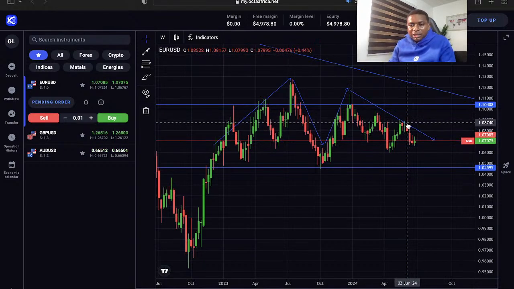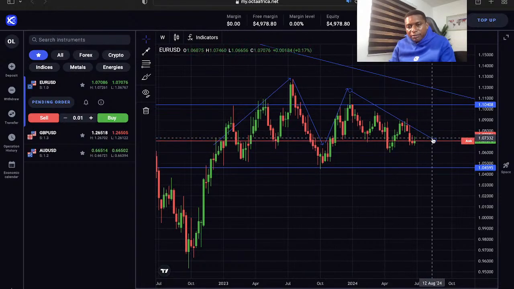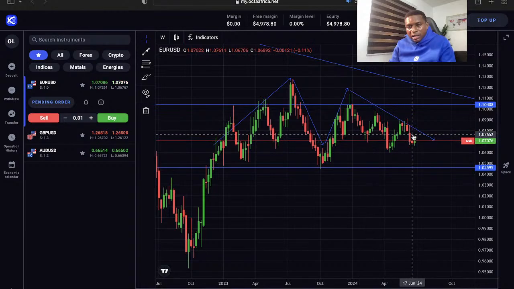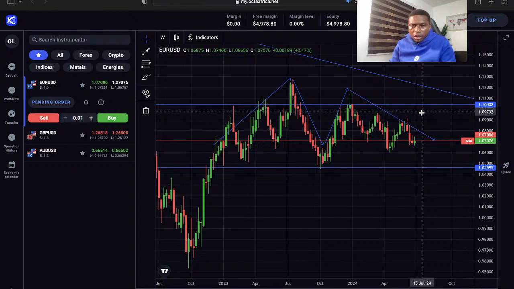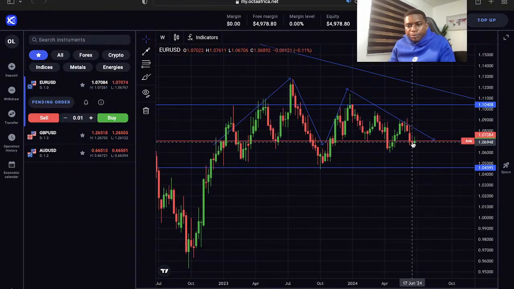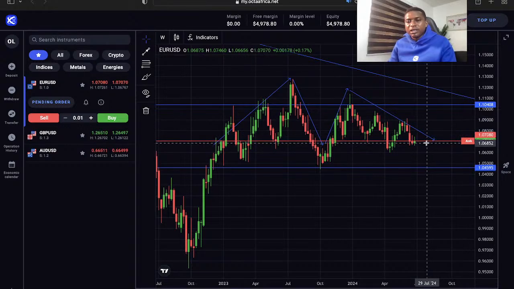At this level where we have our support, last week was a bearish pin bar, and we can see similar things happening this week as well, with price pushing below and towards the price level of last week's close.